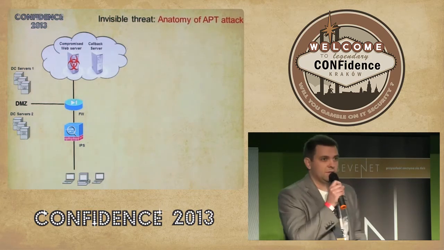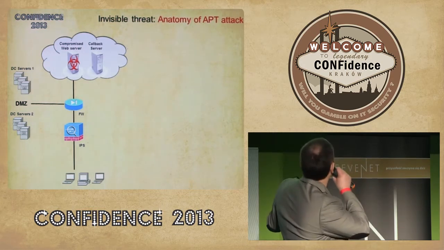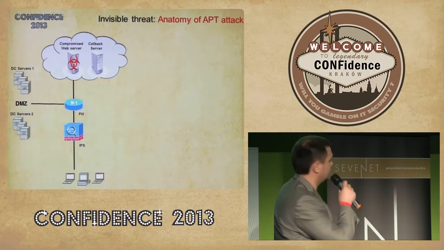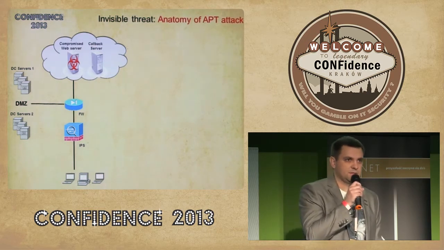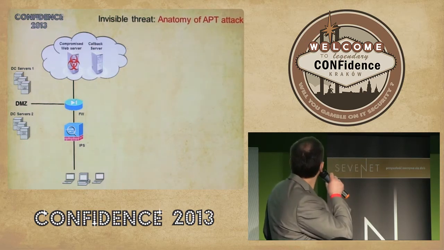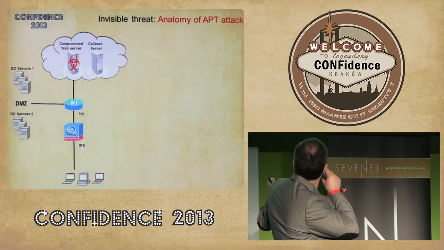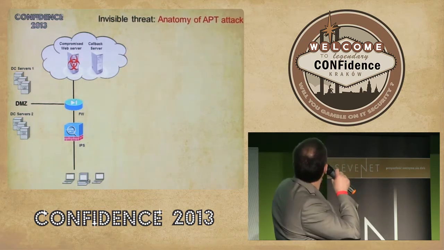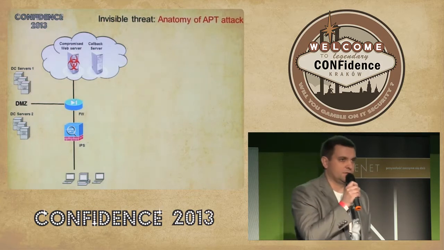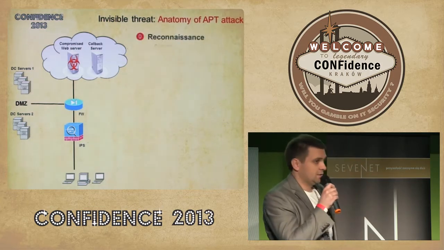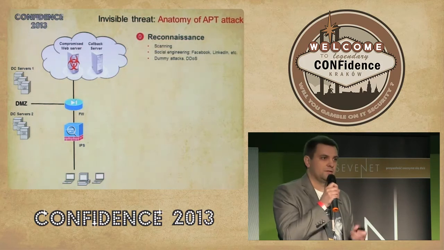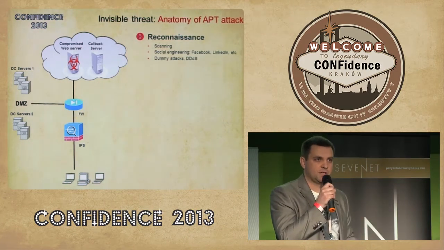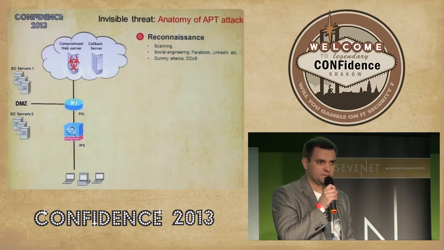Let's say we have a network secured by a firewall and an IPS engine. There may also be some antivirus engines installed on these machines. Let's say we also have a DMZ zone, and there is a compromised server on the internet.